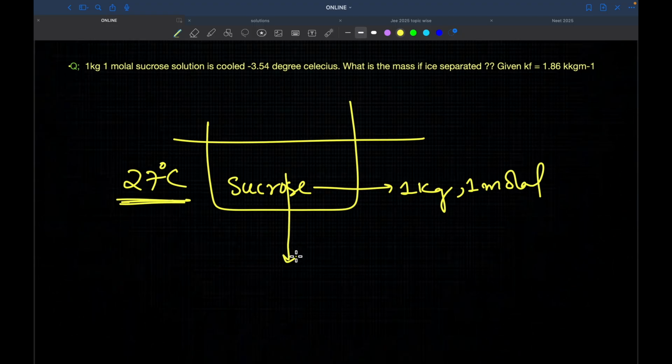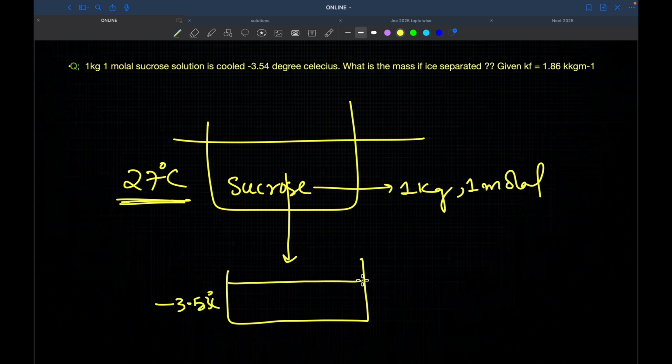Then what happened: the temperature of the solution has been decreased to minus 3.53 degrees Celsius. So what will happen? Actually the sucrose solution has water in it, and 1 mole of sucrose is also present in it. But when you reach the temperature below 0 degrees Celsius, some of the ice will start forming.